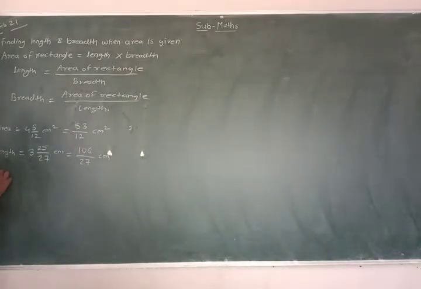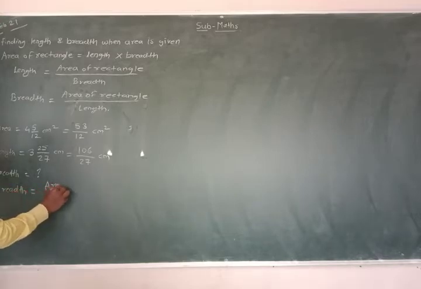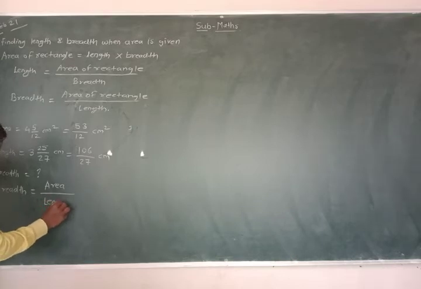Then finding breadth. Breadth is equal to question mark. You solve each and every example in this way. Then breadth is equal to, you write the formula, area upon length.